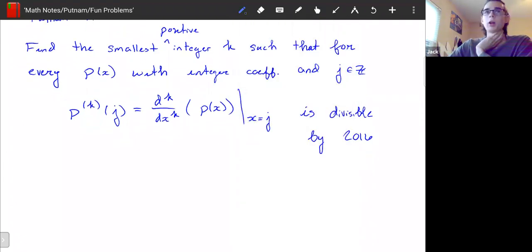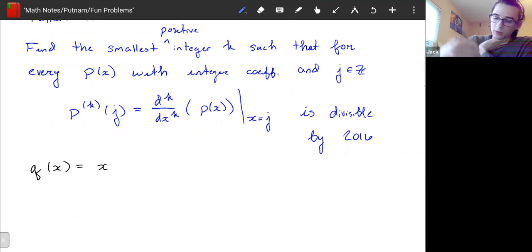So a good polynomial to start off with would be, let's just call it q of x, which would be x to the power of k, right? And so whatever k happens to be, we're just going to choose this polynomial. So let's look at the kth derivative of this.